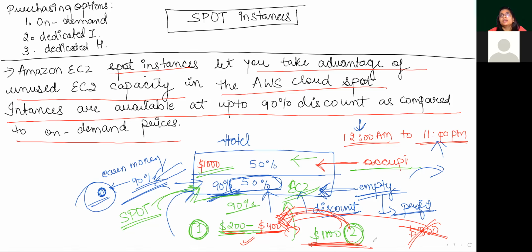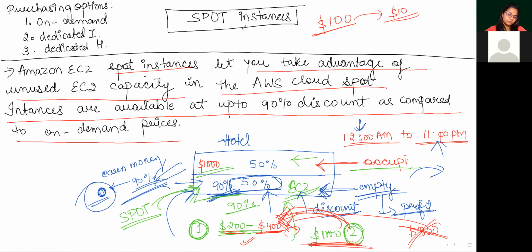If you want to buy a thing of $100, you are getting it at $10. What else do you need in life? My question is, is it going to be the same quality, the same benefits as on-demand? Yes, exactly the same benefits, exactly the same services that an EC2 instance provides you.